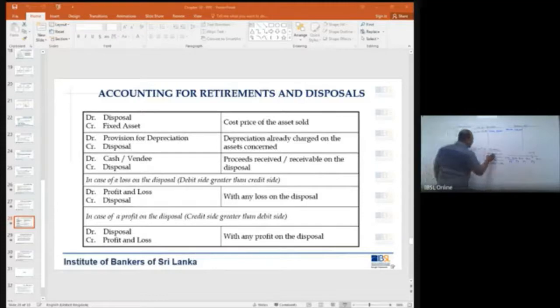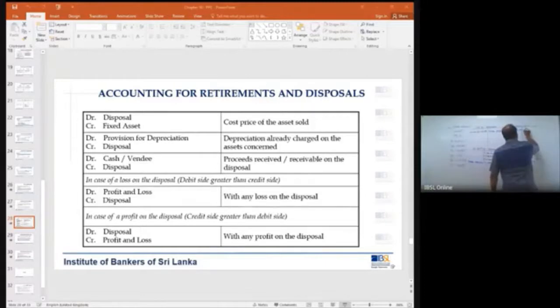We have 480,000. So debit accumulated depreciation account 480,000, and credit the disposal account 480,000.